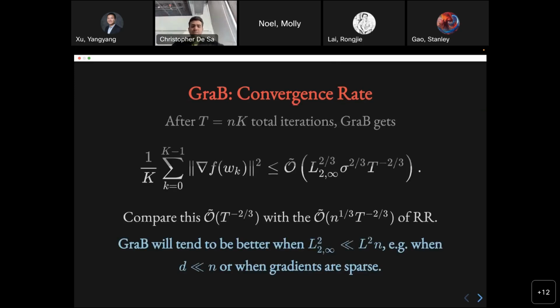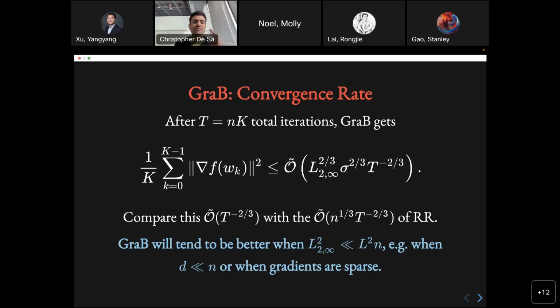Then, after nk total iterations, where n is the number of examples and k is the number of epochs, gradient balancing gets a bound on the average gradient magnitude squared proportional to L to the 2/3, sigma to the 2/3, T to the minus 2/3.